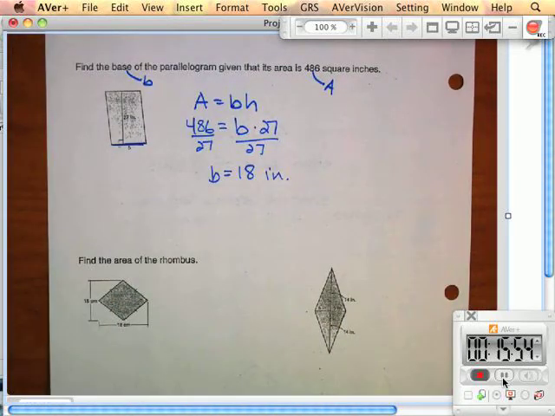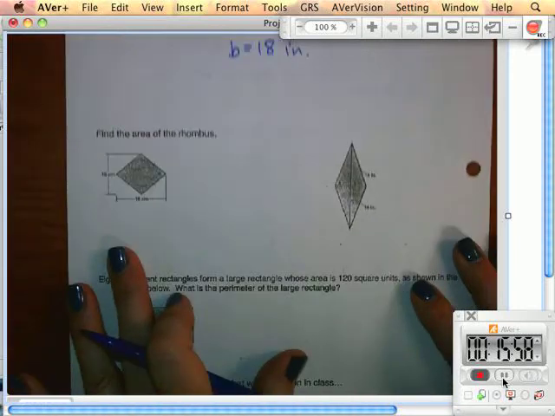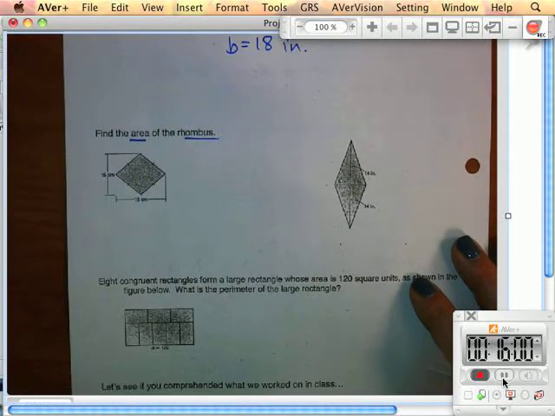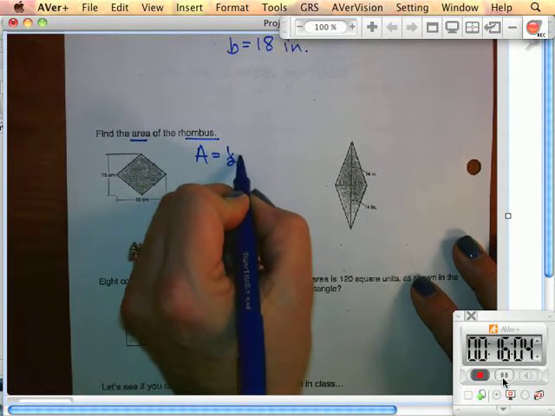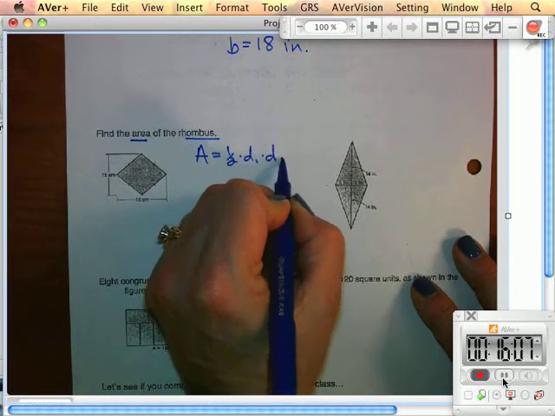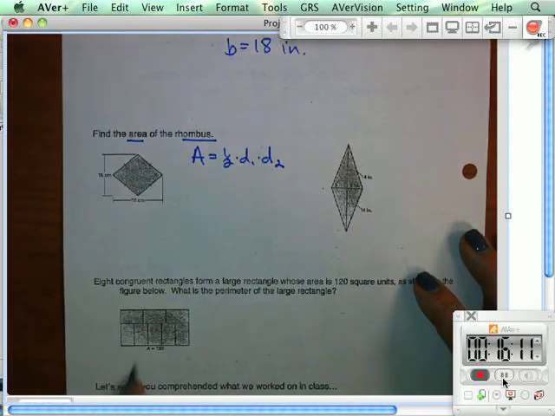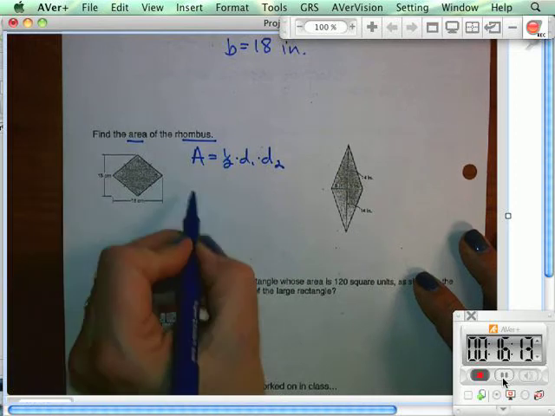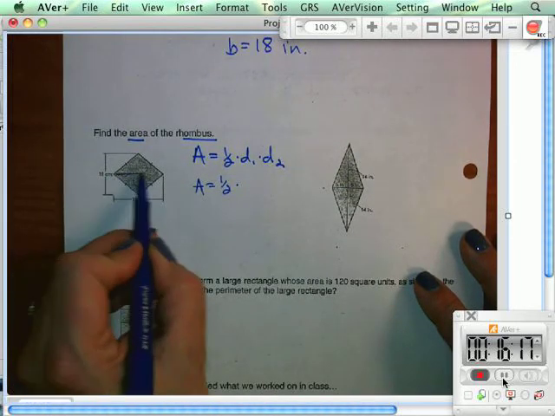Okay, let's work with rhombus and then we'll be done. Find the area of the rhombus. So you figure out what that formula is and you write it down. And then you fill in what you know. So if I look at this picture, I don't know the area. I could say this right here is my diagonal 1.